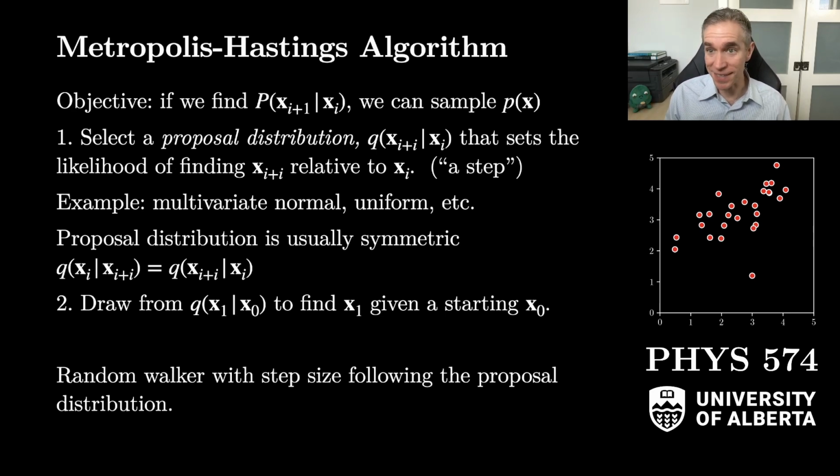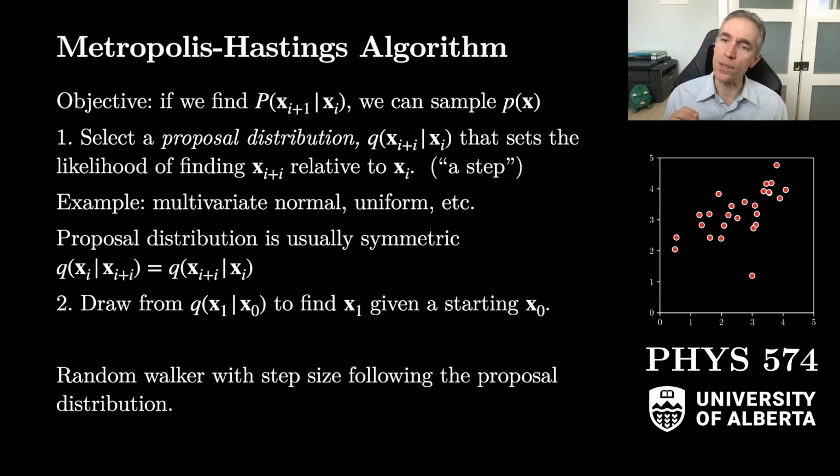So Metropolis-Hastings is the original Markov chain Monte Carlo model. Metropolis was a physicist and wrote the first physics paper on this, leveraging this idea of ergodicity to describe how to sample from these probability density functions.